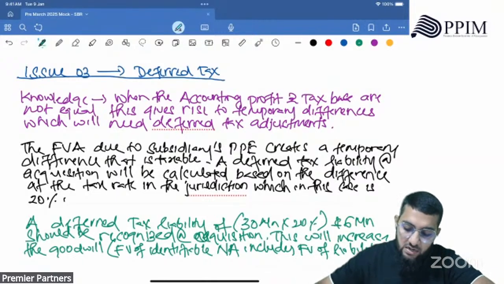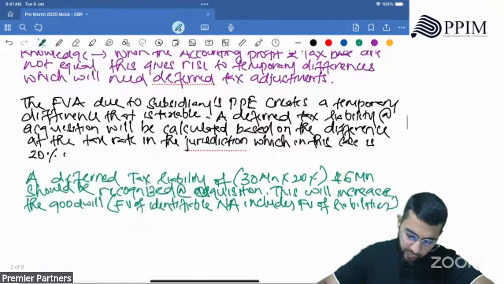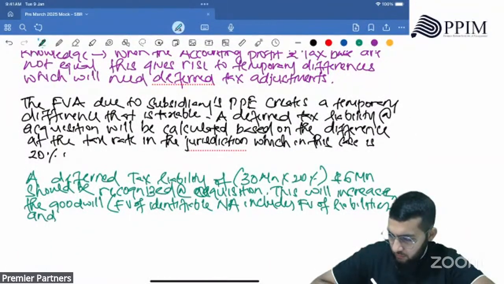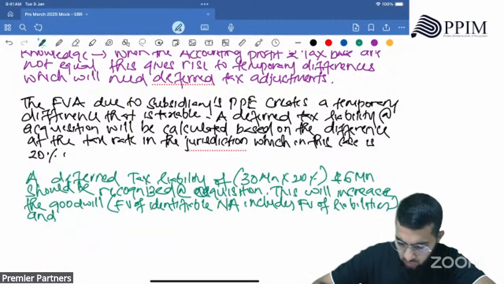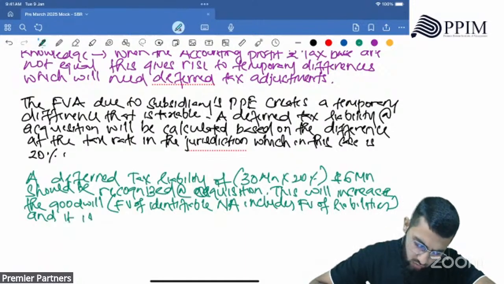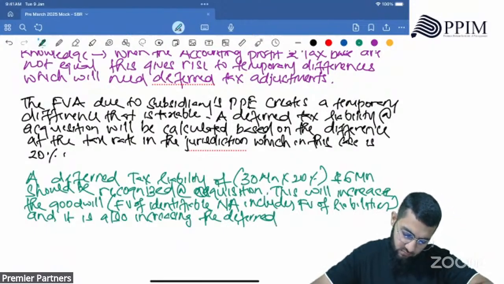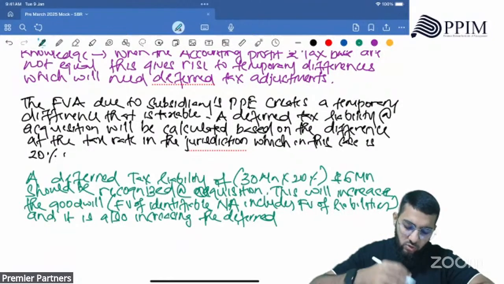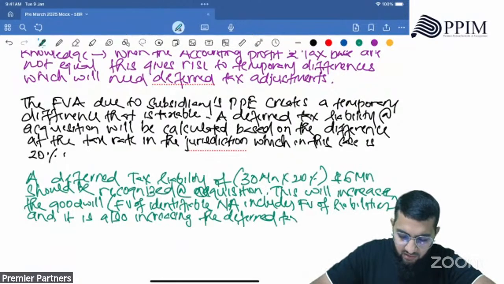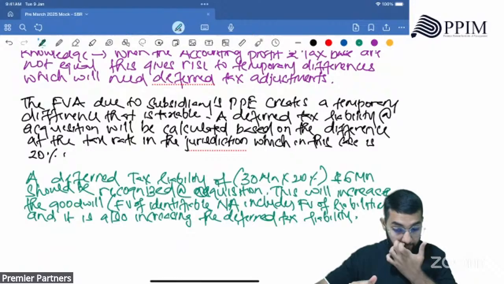So that's going to increase the goodwill, and it is also increasing the deferred tax liability. We've already told it's increasing liability, so again we are repeating that. So be mindful of not repeating, right?